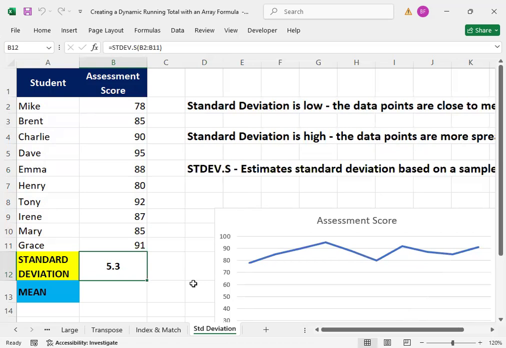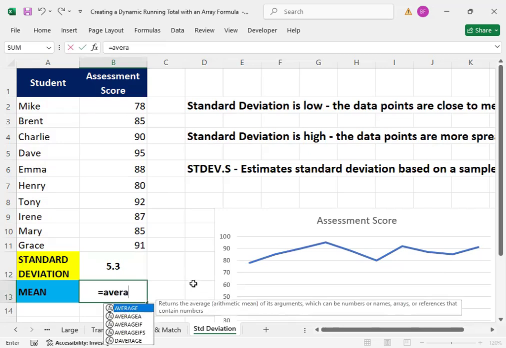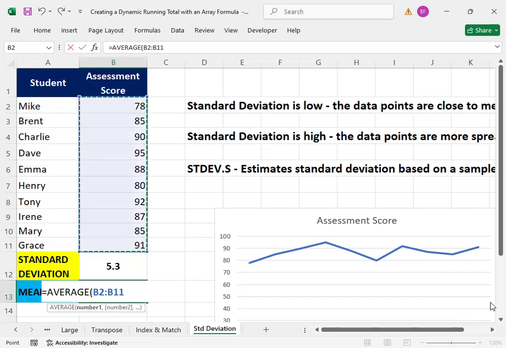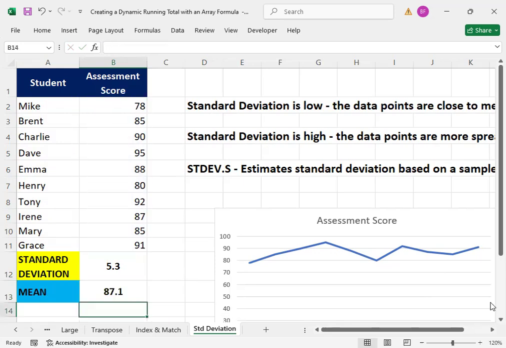So if standard deviation is equal to 5.3, it means the scores vary on average by 5.3 points from the mean. So the mean would be this, the average. Again, we'll get this dataset to get the average of the numbers.